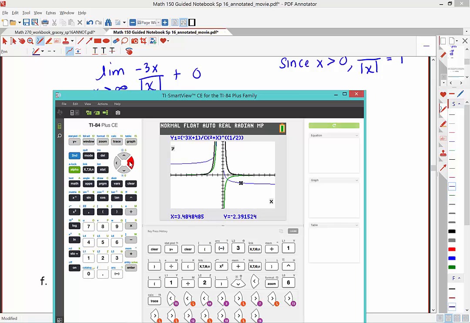And as you see, we get to a result of negative 3 on our y values. It's going to take a little longer, but it's trending towards negative 3.